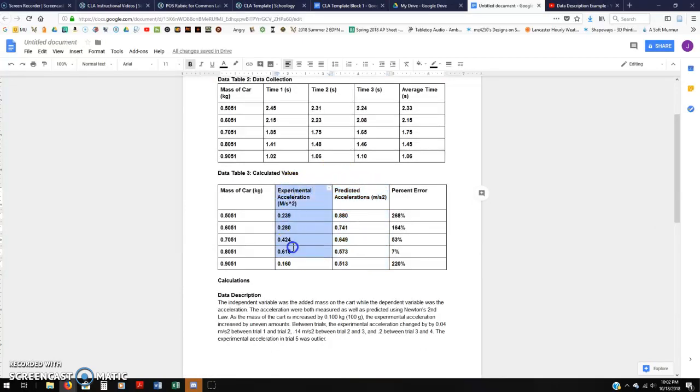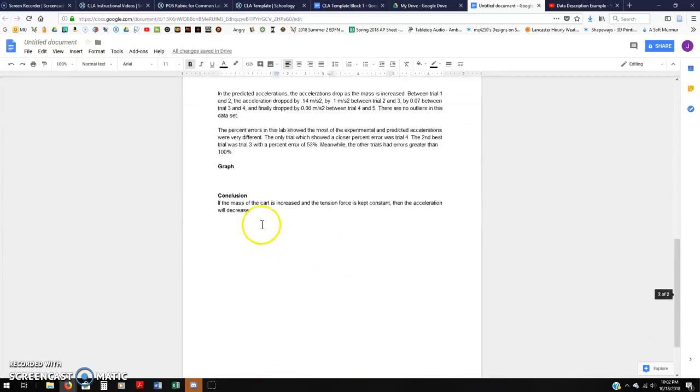But the experimental does not exactly agree with that. So in this case here, I would say the hypothesis was not supported by the data collected in the lab, period.